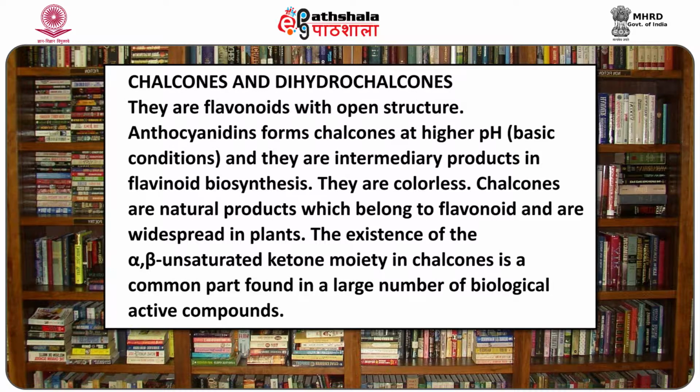These are natural products which belong to flavonoids and are widely spread in plants. The existence of the alpha-beta unsaturated ketone moiety in chalcones is a common part found in a large number of biologically active compounds. The open ring chalcones are found in fruits such as apples and hops.